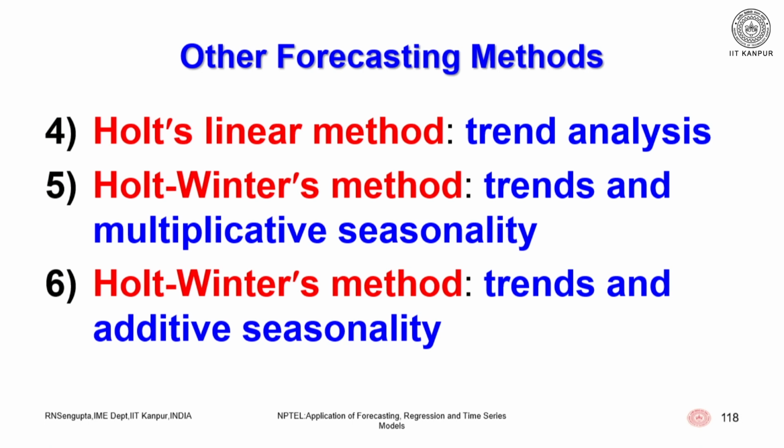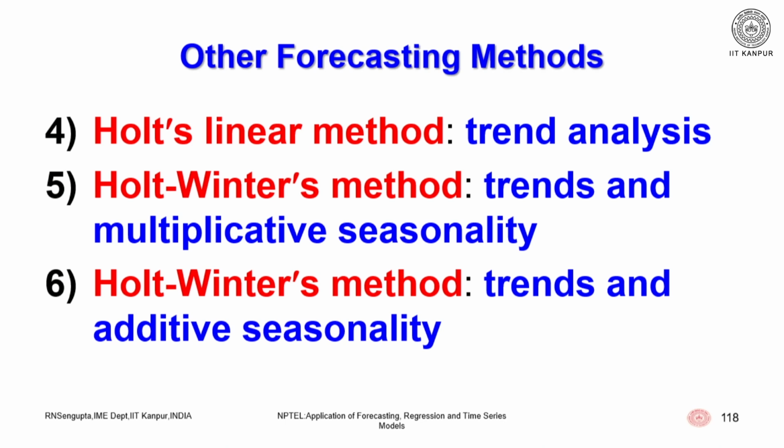Later on, other forecasting methods, I am just mentioning, we will cover as we proceed with the class, would be the Holt linear method, where the main emphasis is to find out the trend and do the trend analysis. The next one is the Holt-Winters method, where we have both the concept of trend and seasonality, and this seasonality is considered in the first Holt-Winters method, which is number 5, as a multiplicative seasonality.